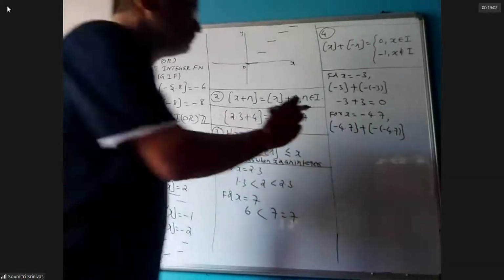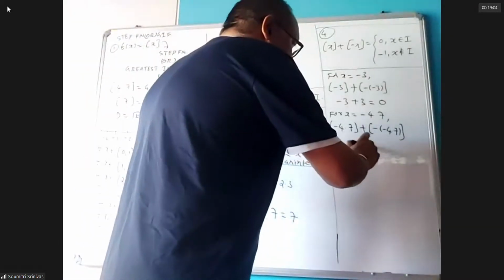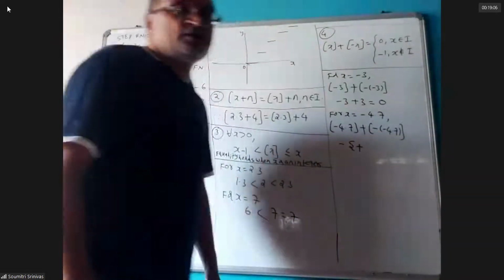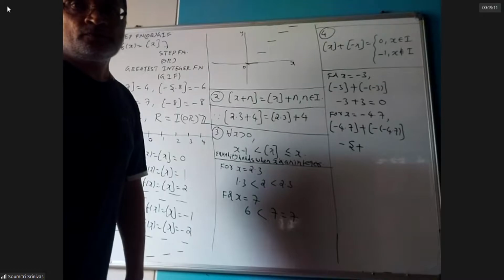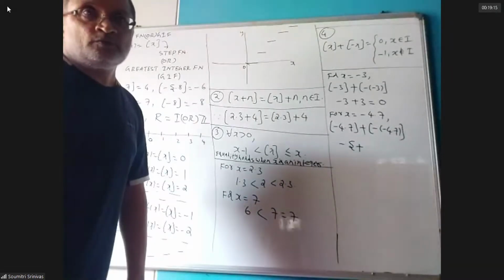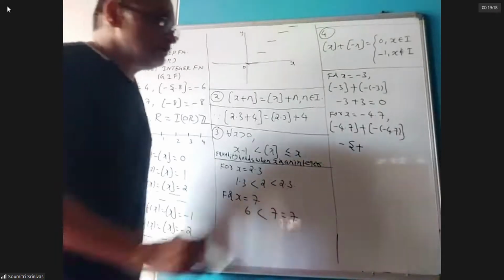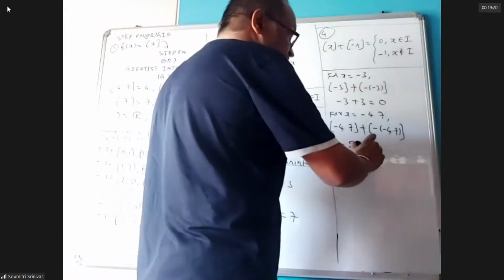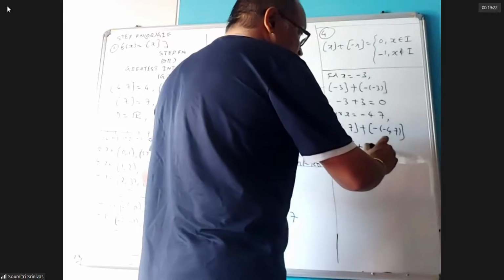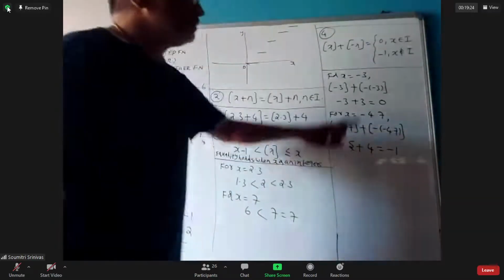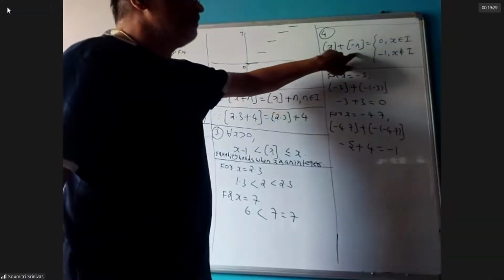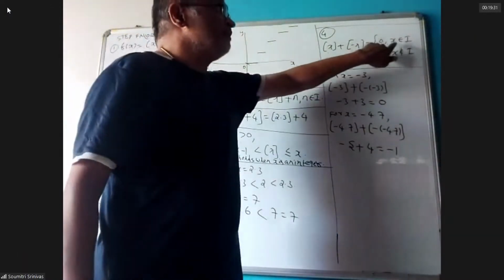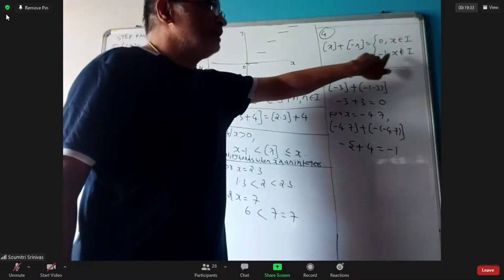Minus of minus is plus. What is step of 4.7? Step of 4.7 is 4. What is minus 5 plus 4? Minus 1. So step x plus step minus x is 0 whenever x is an integer, minus 1 when x is not an integer.